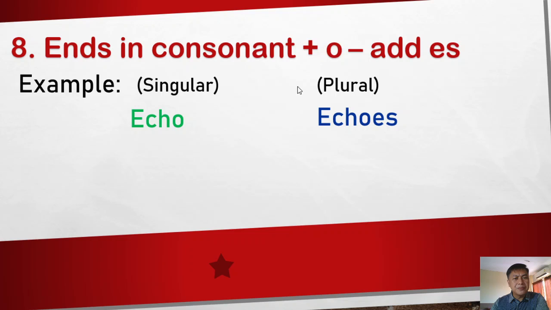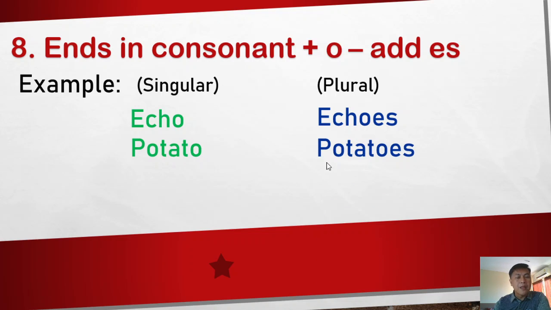Next is potato. Potato ends with letter T and O. T is a consonant and O, so consonant plus O. We simply add ES, so that becomes potatoes. One potato, two potatoes.